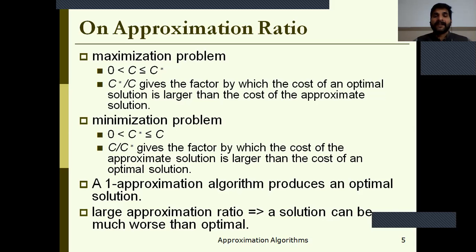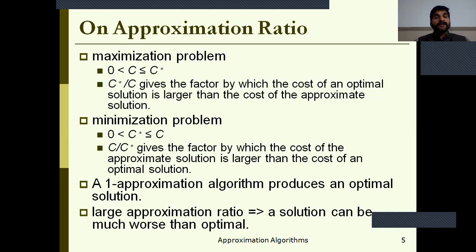That gives the factor by which the cost of an optimal solution is larger than the cost of the approximation solution. Now the second case, the minimization problem: if the optimal cost is less than the approximation cost, then C upon C star gives the factor by which the cost of the approximate solution is larger than the cost of an optimal solution.